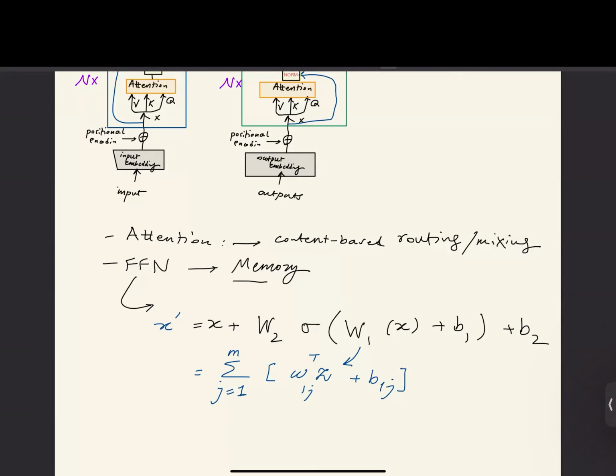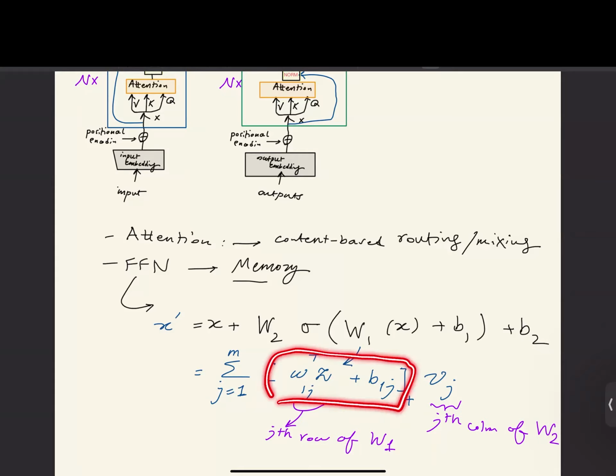It means that when it's negative, it gives 0. So this is only positive or 0. Multiply by Vj, where Vj is the jth column of W2. So let me write this down: jth column of W2, and this is the jth row of W1. Let's zoom into this.